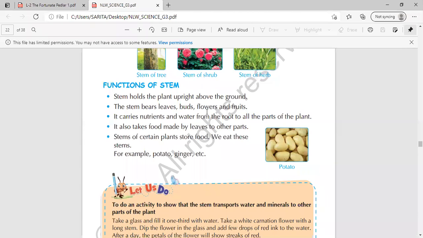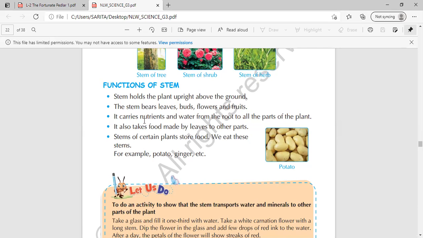Where are all these parts? The leaves are on the stem. The buds are also on the stem. The flowers are also on the stem. And the fruits also are on the stem. The stem bears all these parts.